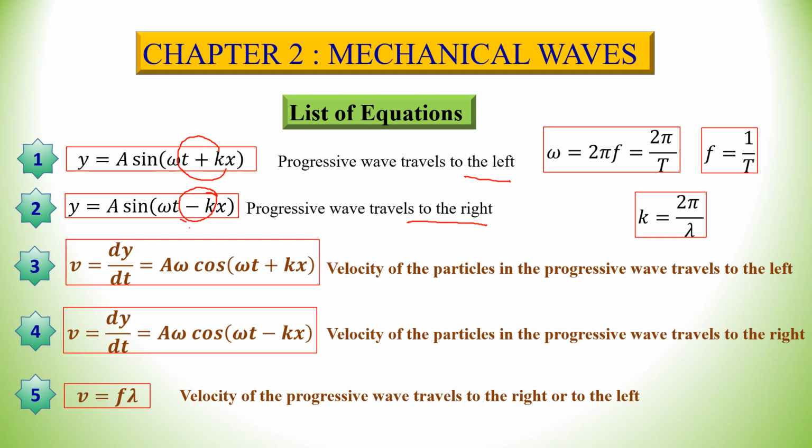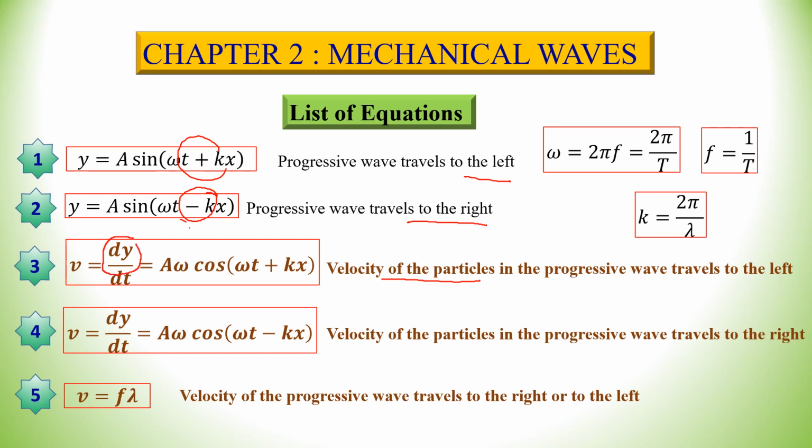Point number 3. How to calculate velocity of the particle. Remember how to calculate the velocity of the particle in the progressive wave, which is travel to the left. So we need to differentiate displacement of a particle from equilibrium position, dy dt.